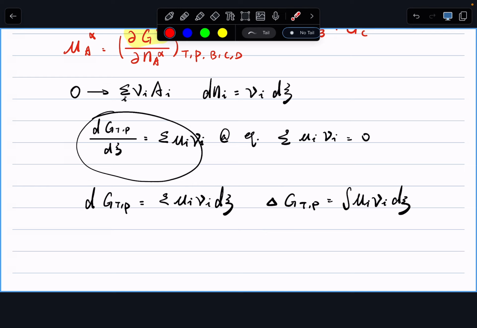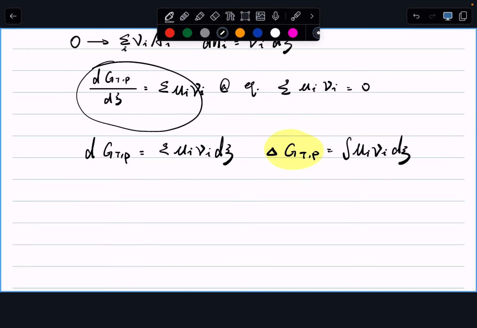As a preview of our next two chapters, in this chapter 5 we'll spend a good amount of time talking about how to calculate delta G. Since we're specifying delta G at constant T, P, we're talking about how to calculate the standard Gibbs free energy of a reaction at a certain temperature and pressure.